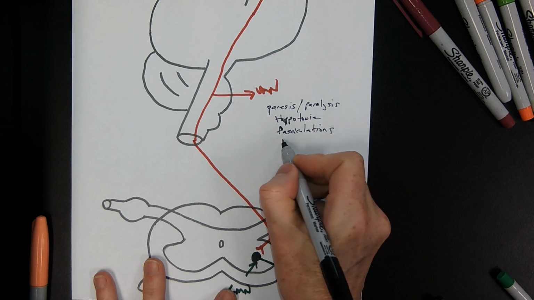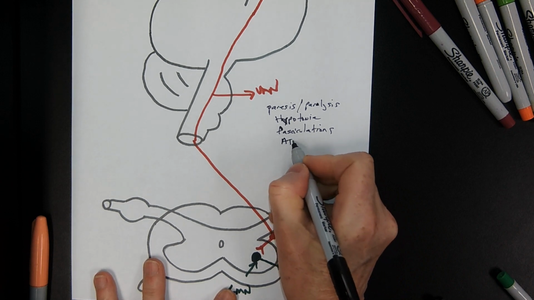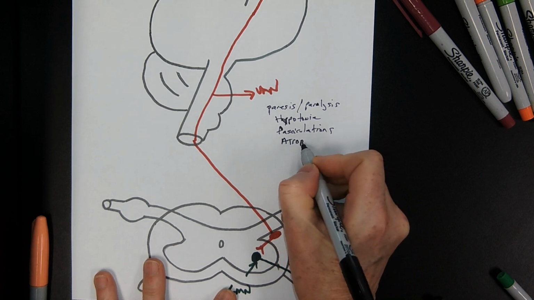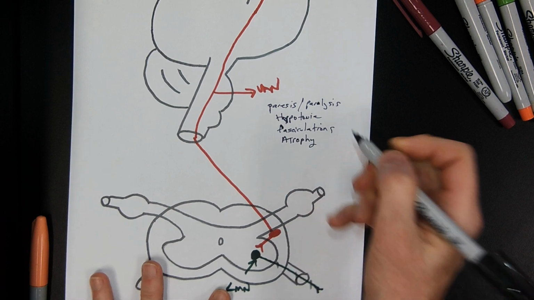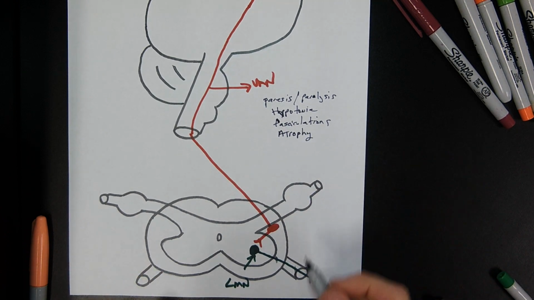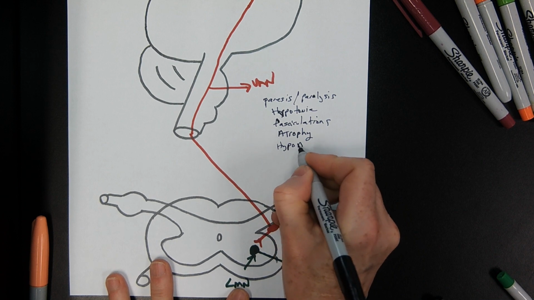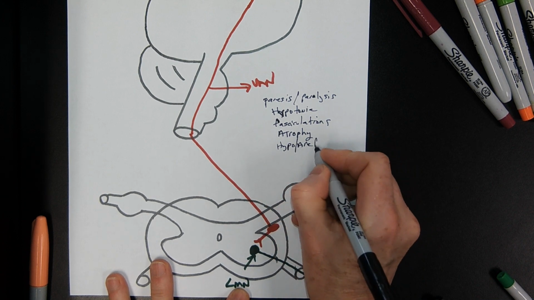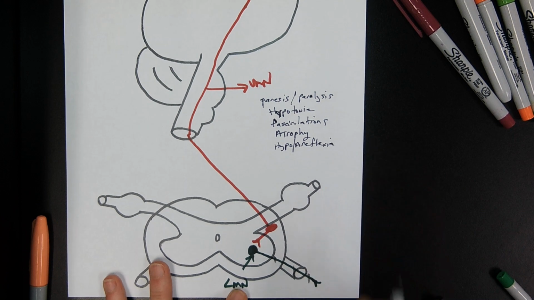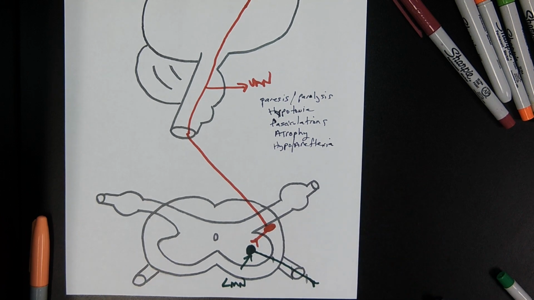They're also going to present with atrophy. Atrophy is just muscle wasting. And hypo or areflexia. So that means decreased or absent reflexes. That is very specific for a lower motor neuron injury.